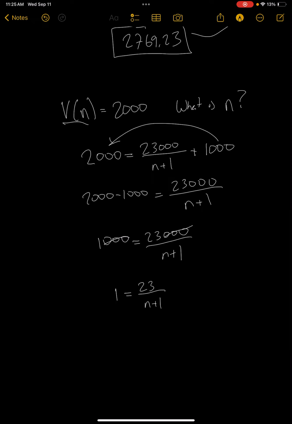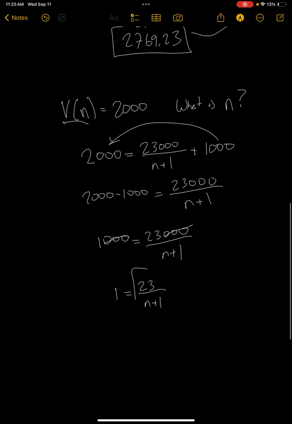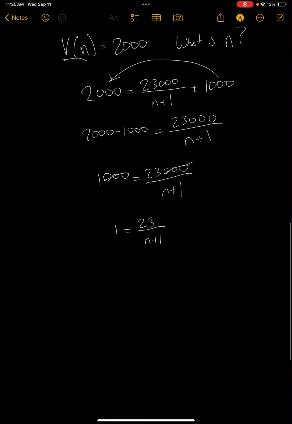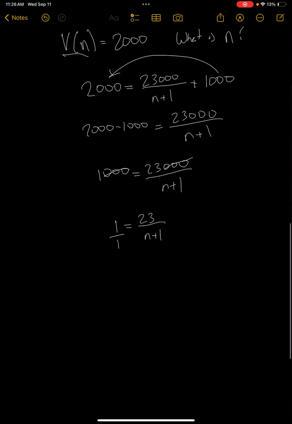For this to equal 1, these two have to be equal, in which case n is 22. You can also cross multiply, or multiply both sides by n plus 1, and we get n plus 1 equals 23, so n is 22.